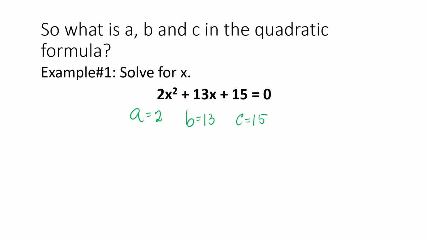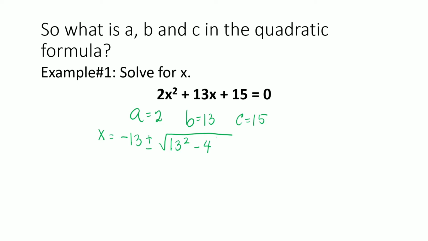Now, assuming that we already have memorized the quadratic formula, x equals negative 13 plus minus the square root of b squared, 13 squared, minus 4ac.